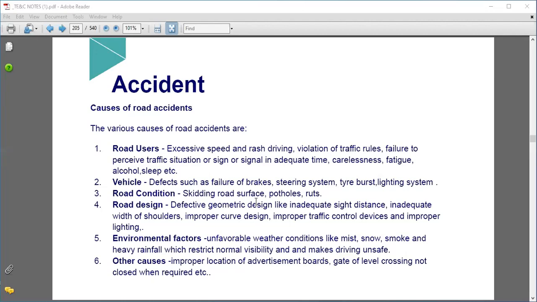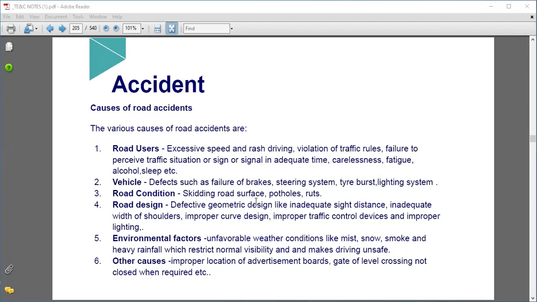After that, the second point is the vehicle. A vehicle on the road should be free from defects. What are the different types of defects? Some are failure of the brakes, steering system, tire bursting, and defects in the lighting system.